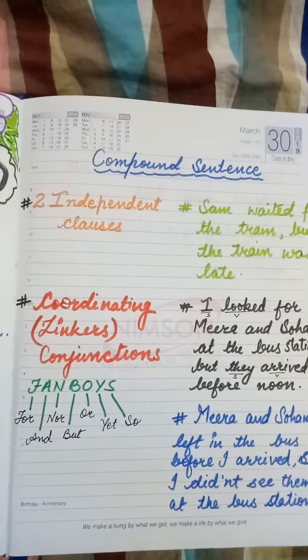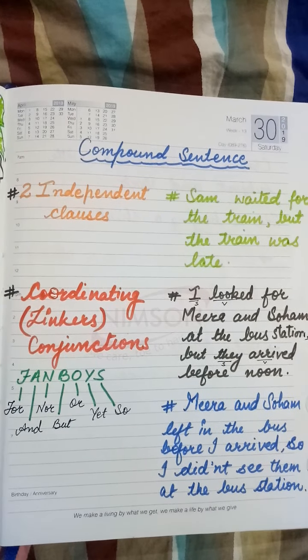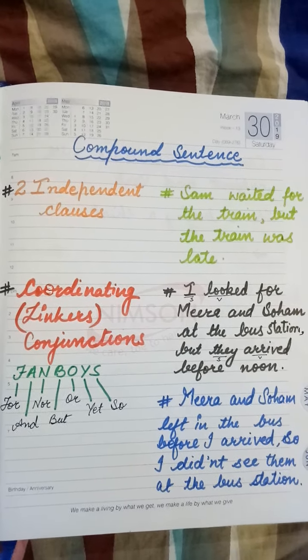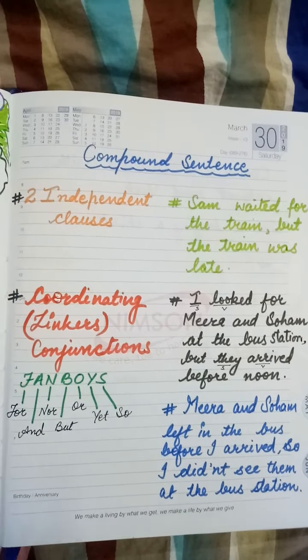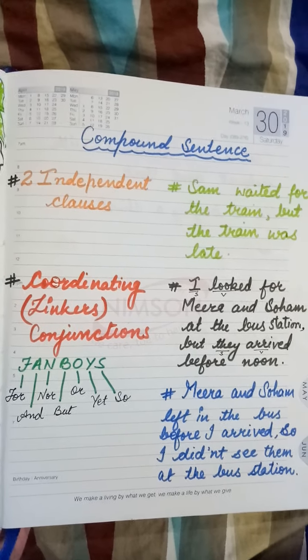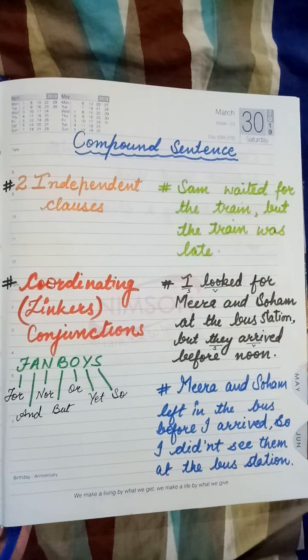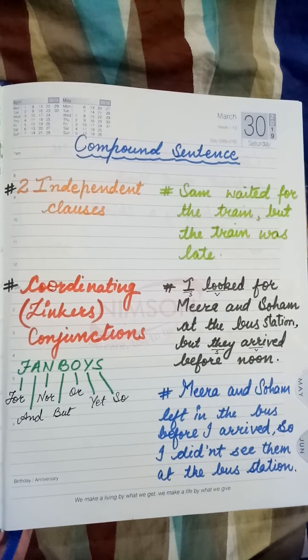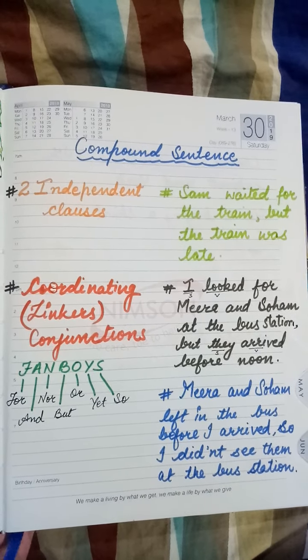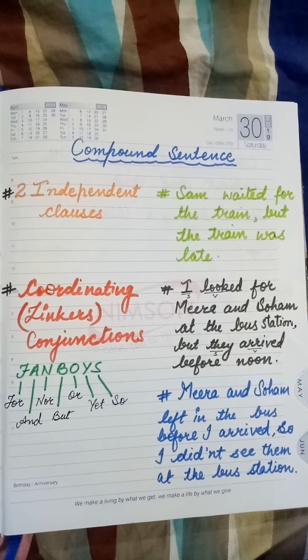It is the best way to learn the coordinating linkers. So what is a compound sentence? Two independent clauses minimum joined by coordinating conjunctions.